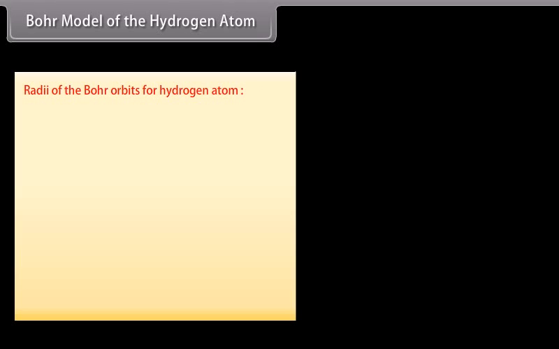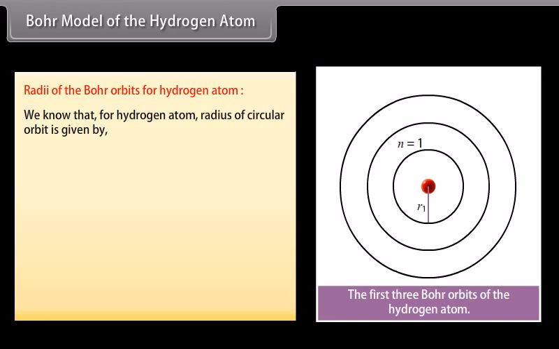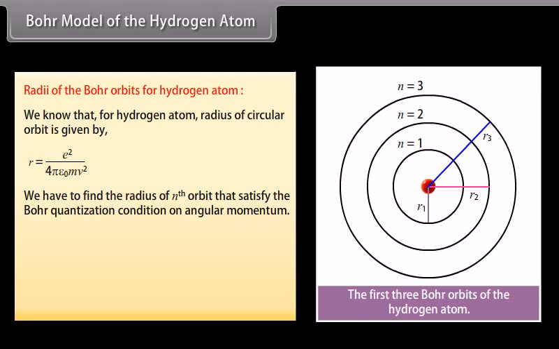Radii of the Bohr orbits of hydrogen atom. We know that for hydrogen atom, the radius of circular orbit is given by e square upon 4 pi epsilon naught m v square. We have to find the radius of the nth orbit that satisfies the Bohr quantization condition on angular momentum.